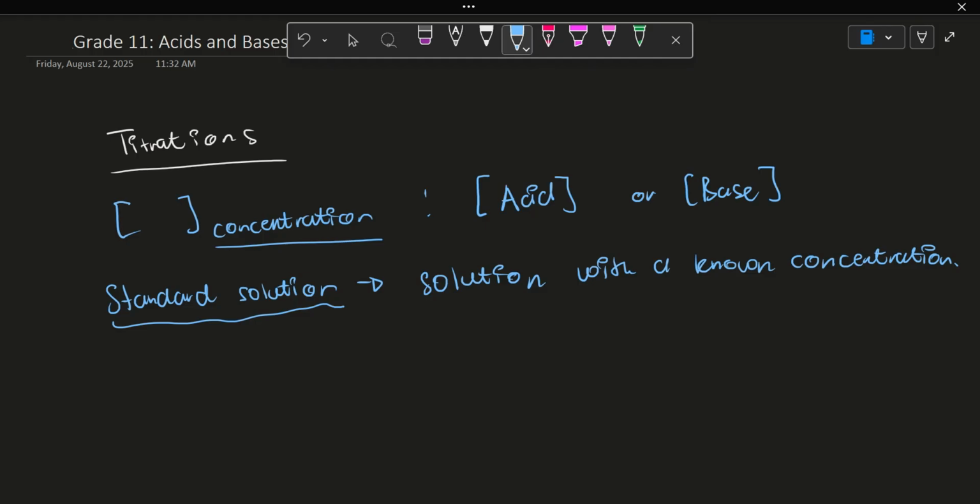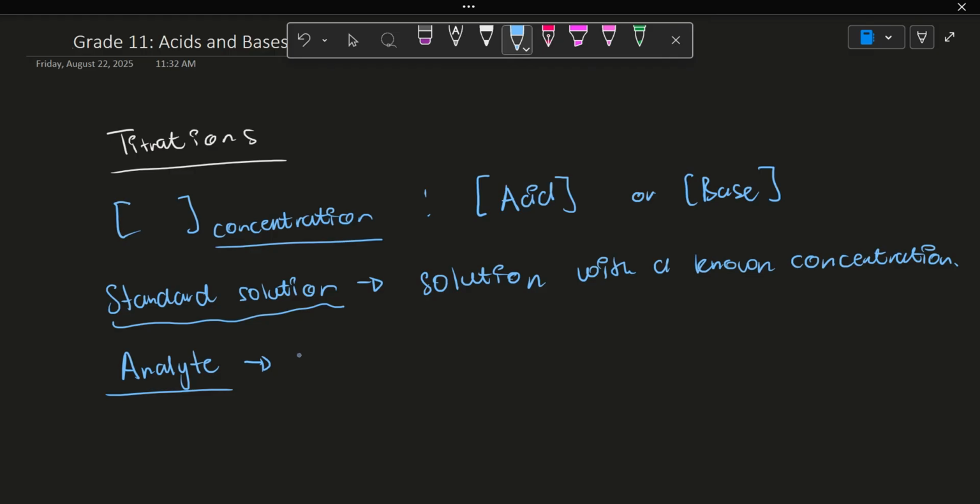And what you need to know is that what we actually do in a titration is determine the concentration of an acid or a base. We try to determine the concentration of what we call the analyte. The analyte is basically some substance with an unknown concentration.